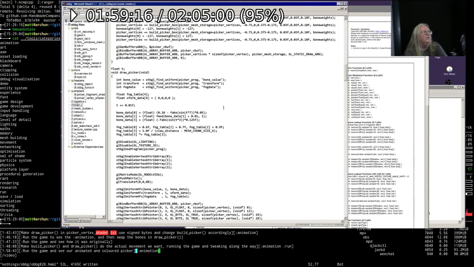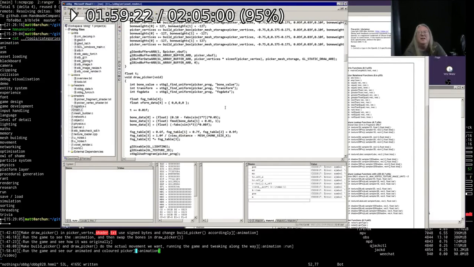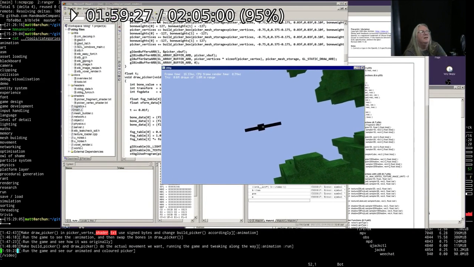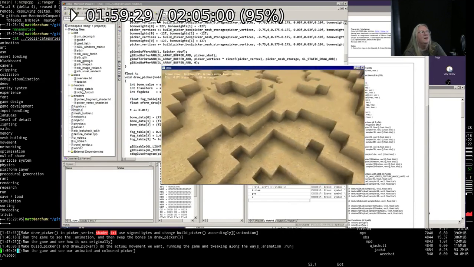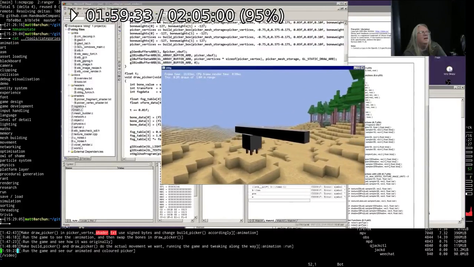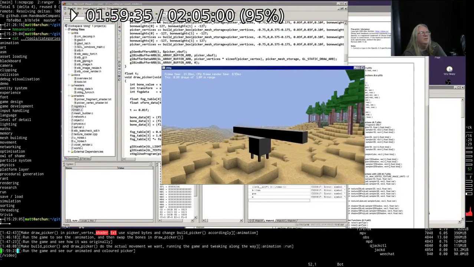this is still too large. Oh, it doesn't go up high enough also.